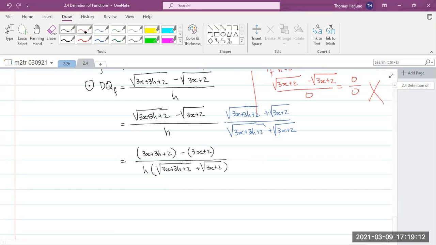Notice that some parts of the numerator cancel. 3x cancels 3x, the 2 cancels 2. So we get 3h over h times this guy. Now, can we stop here?